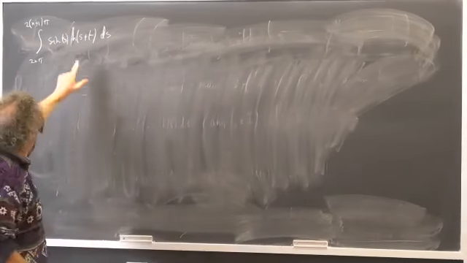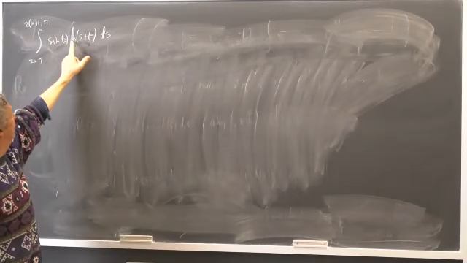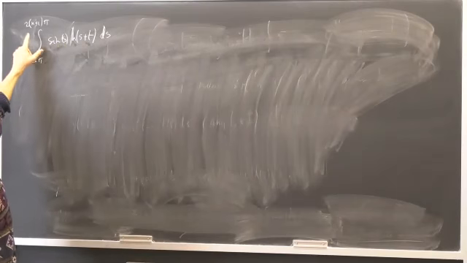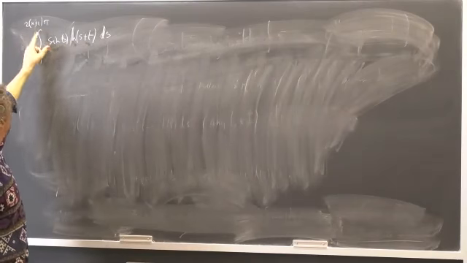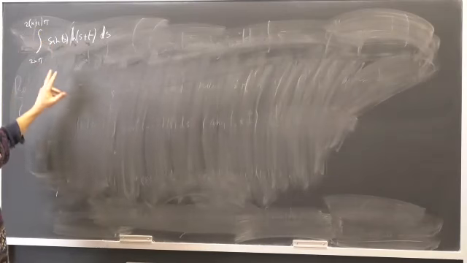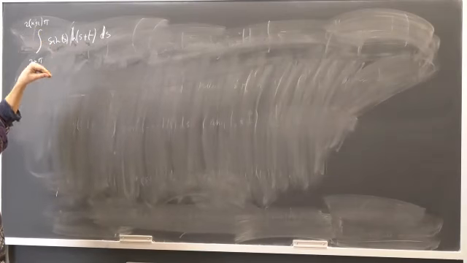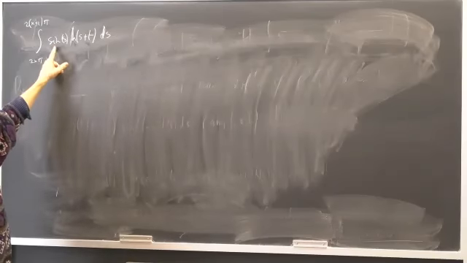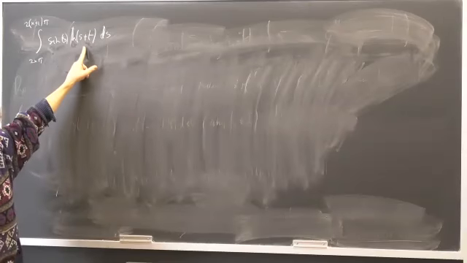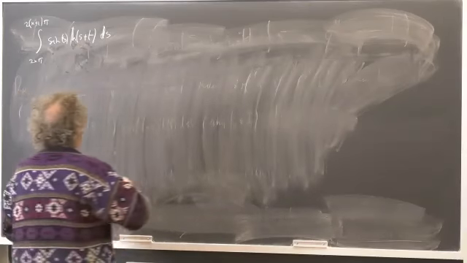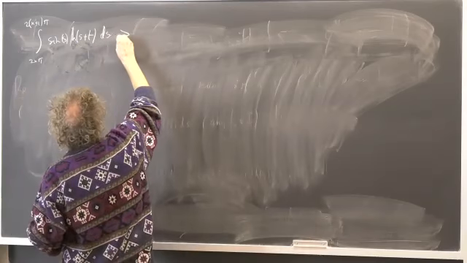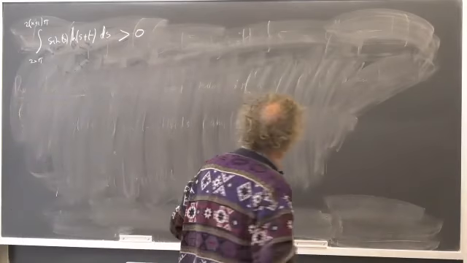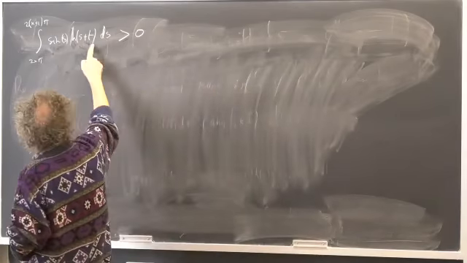But h is throughout positive, right? So if you split it up into the integral from 2n pi to 2n pi plus pi, you get something positive, and then the second part will be negative, but it will not be so negative that it will cancel out the positive part, because h is strictly decreasing. That's the point. I could write it out, but if you just think about it, this will be clear. So you're exploiting that h is strictly decreasing and positive.